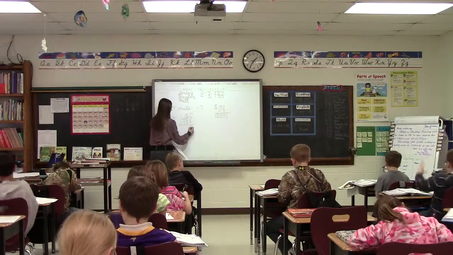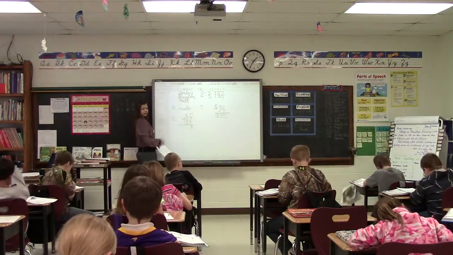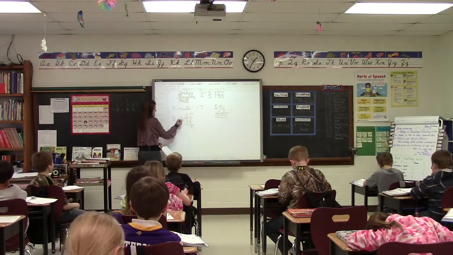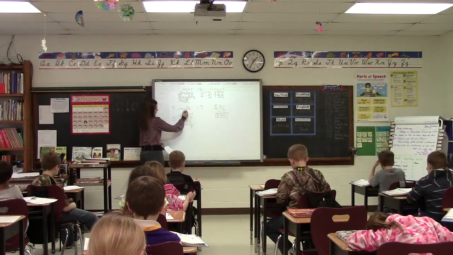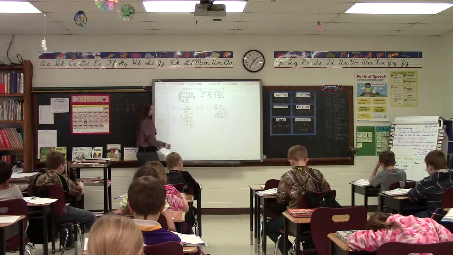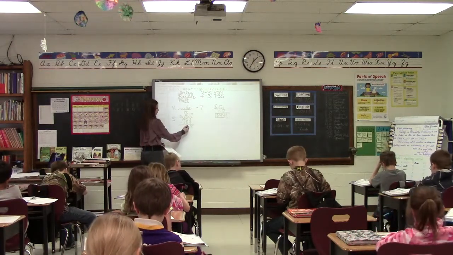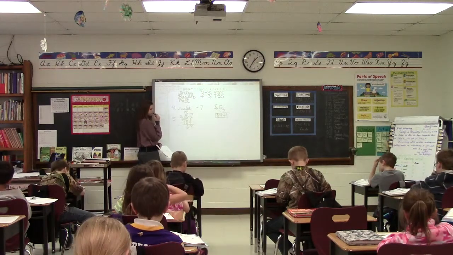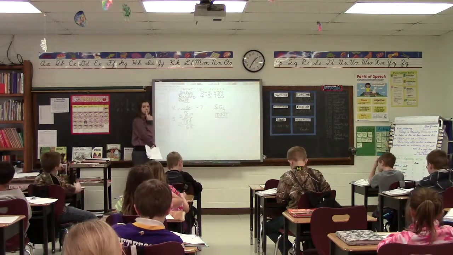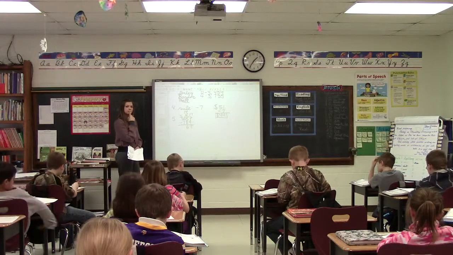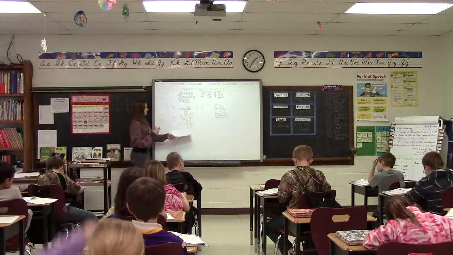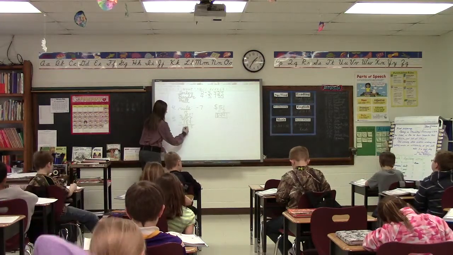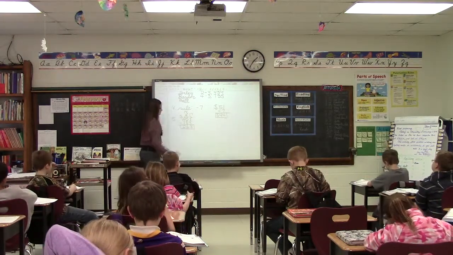And then you can't do that, right? You cross out the 4, make it a 3. Cross out the 4, make it a 14. 14 minus 8 is what? Just 6. Yep. So then 3 minus 1. 2. 268.